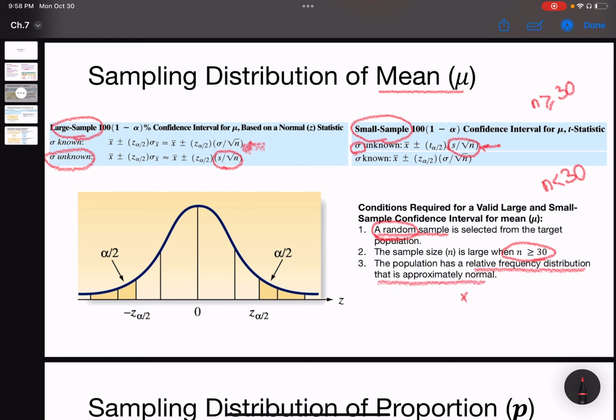This has to be met for small sample distribution when calculating confidence interval for mu.